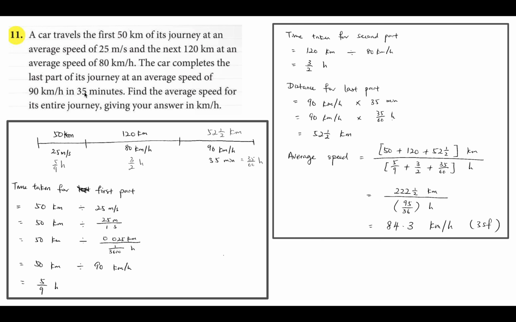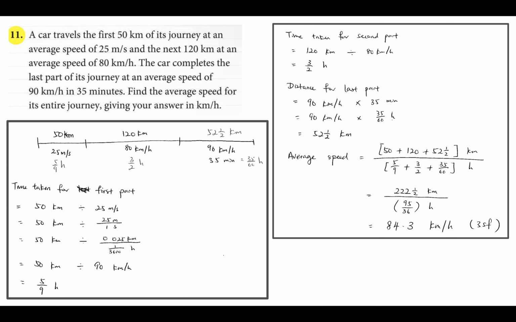We know that the time taken is 35 minutes. Because we want the units to match up, 35 minutes is 35 over 60 hours, right? So with this time taken and this speed, if we multiply together, 35 over 60 times 90, we actually get the distance, 52.5 kilometers.